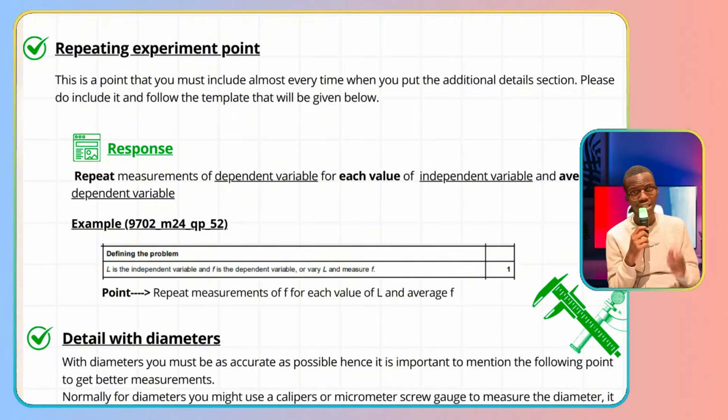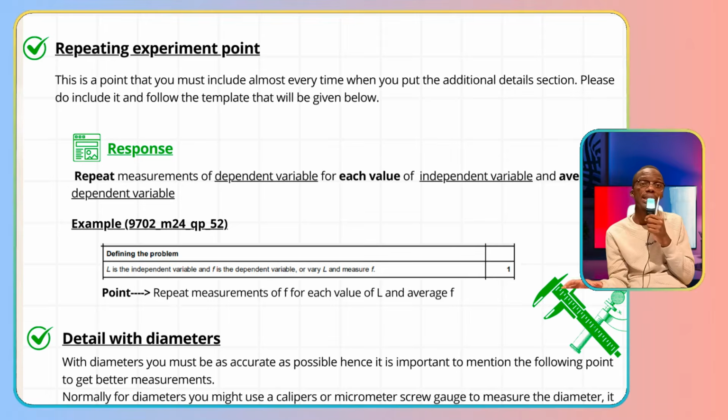So what this response says is repeat measurements of dependent variable. So repeat measurements of F because you can measure it multiple times. For each value of L, for each value of the independent variable, you have one independent variable, repeat how you measure F multiple times and then average F, right? In that instance, it's more accurate or it's more precise because essentially you're doing it multiple times over and over again.